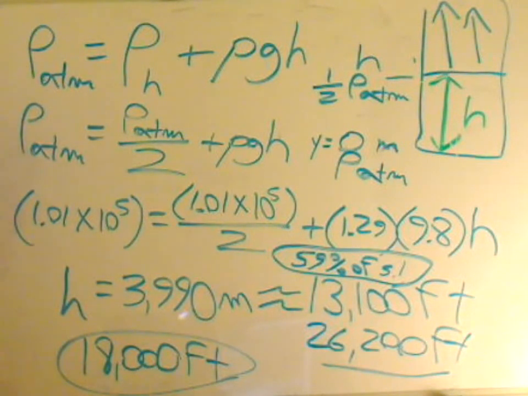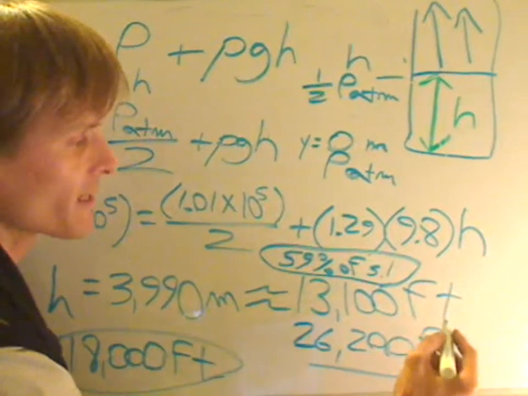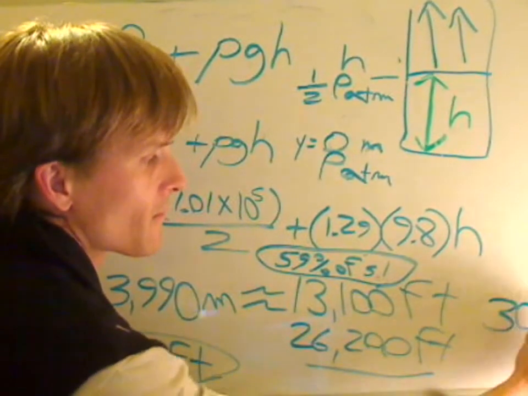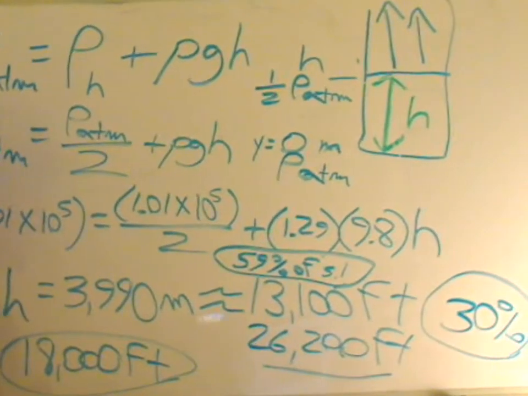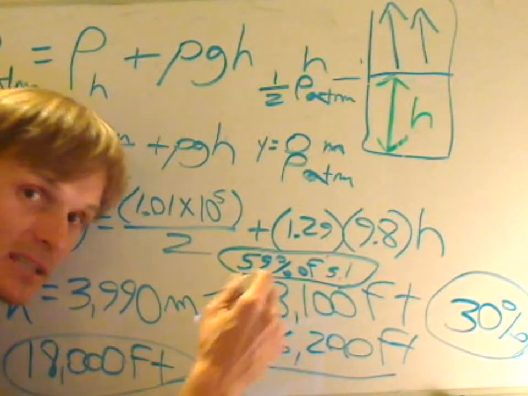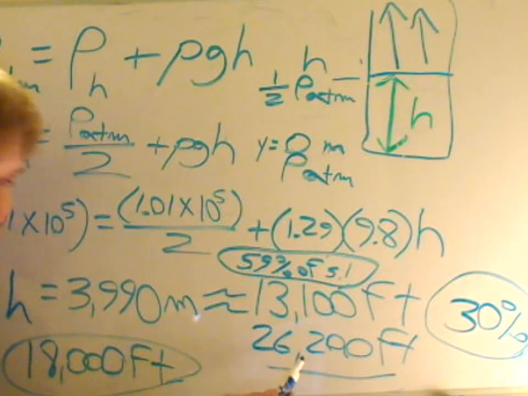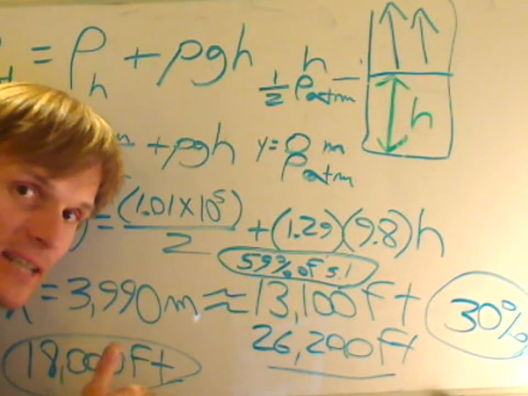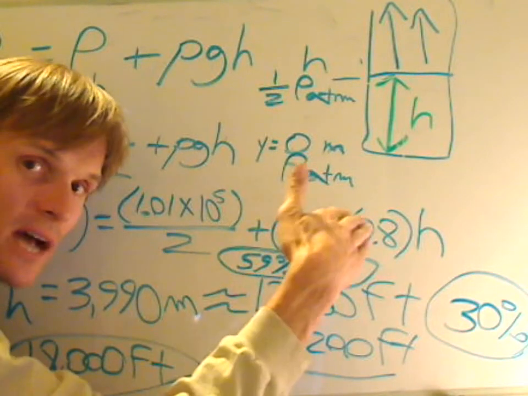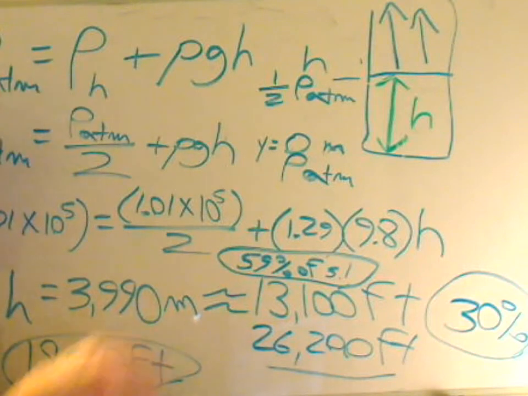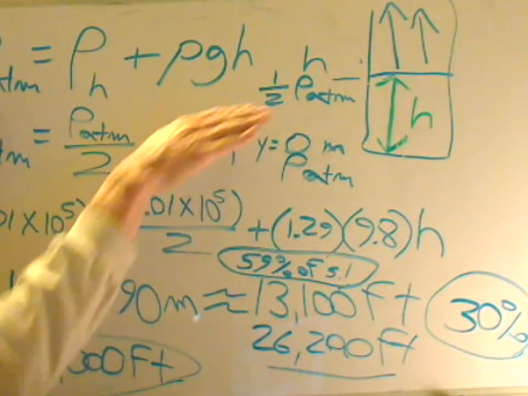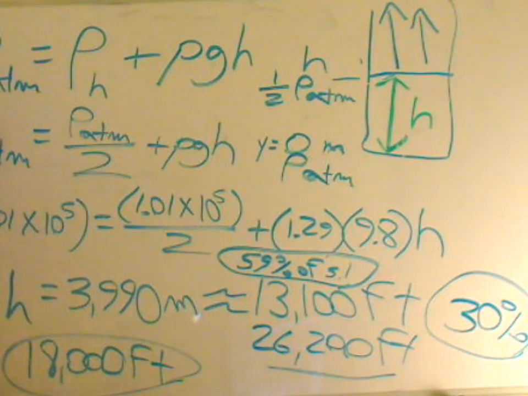Really, at the top of Mount Everest, the pressure is about 30% of sea level, because the atmosphere extends considerably higher than this 26,200 foot level. In reality, the density just slowly goes down with altitude. It's not constant with altitude. And that's how you explain these differences from what we're calculating with this very simple model in this problem.